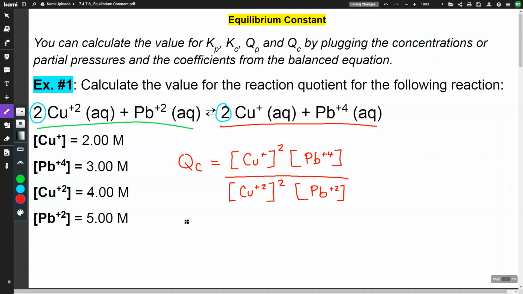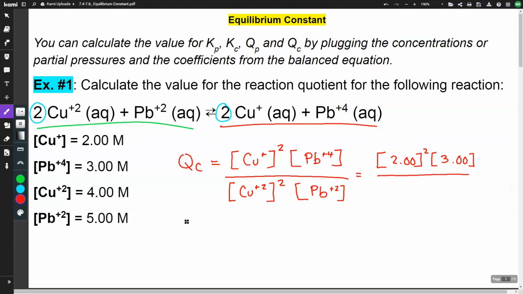Okay. Let's go ahead and plug in our numbers here. So we have copper as 2 molar. We're going to raise that to a power of 2. We have lead, which is 3 molar.